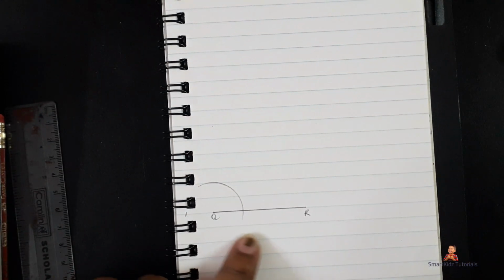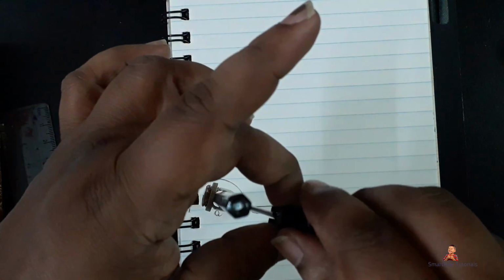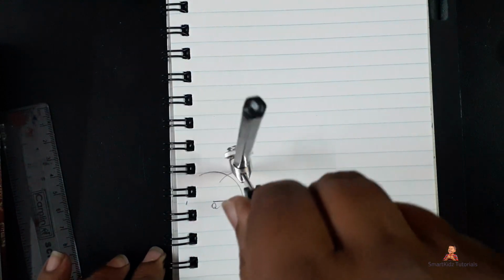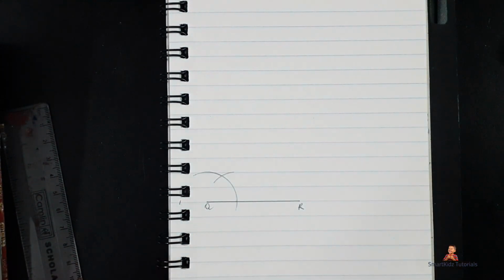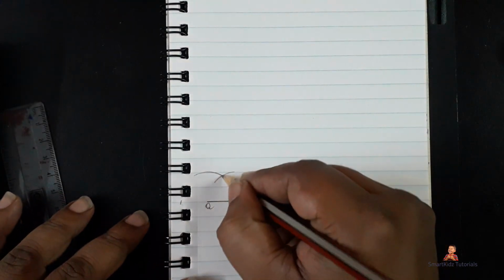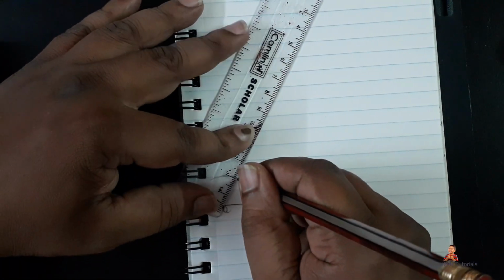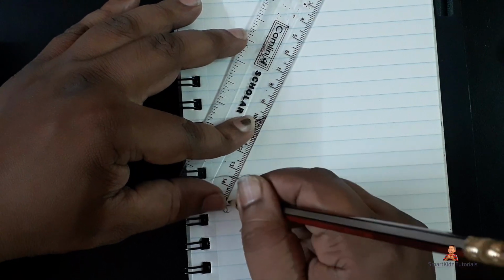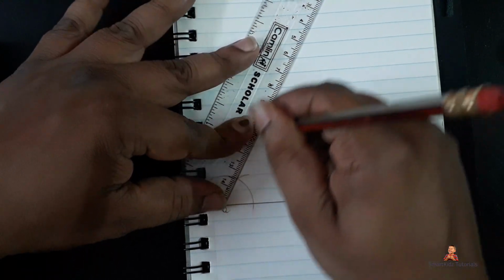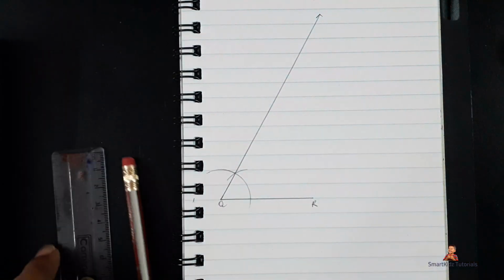Next, using the same measurement, where this arc cuts this line, we use that as a new center and cut this original arc. So where the two arcs cut each other, we'll mark that point. And I'm going to draw a line from Q passing through this point, this way. So that's our 60 degrees.